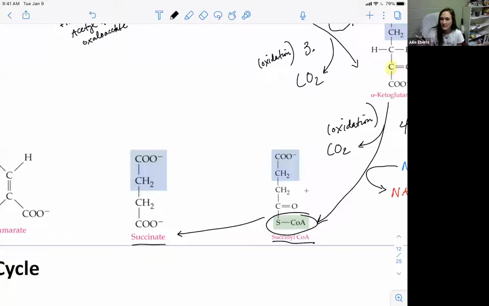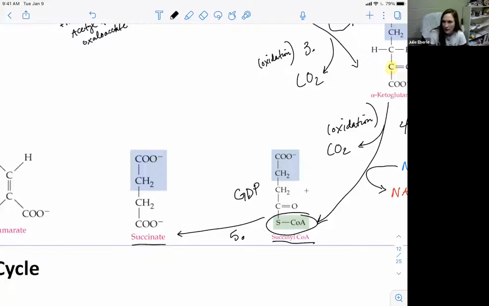So coenzyme gets attached to alpha ketoglutarate, and you have succinyl-CoA as the product of step 4, but then that gets cleaved right back off in step 5. So this is step 5, and we're going to chop off the coenzyme that we just put on our molecule. But in doing that, we are going to phosphorylate a molecule of GDP.